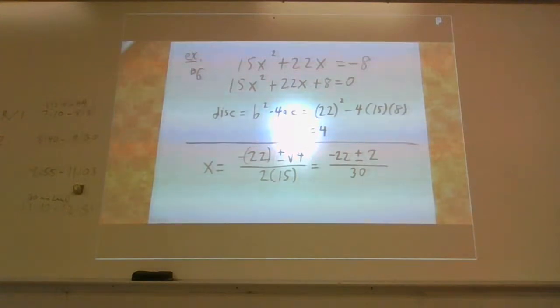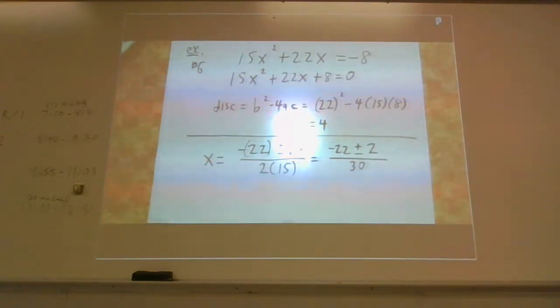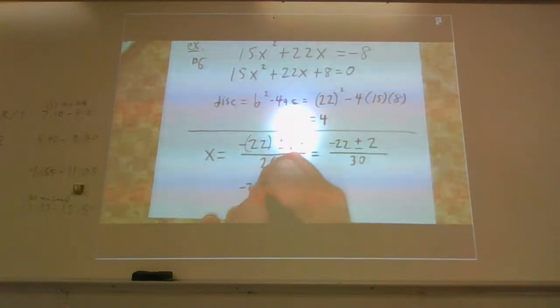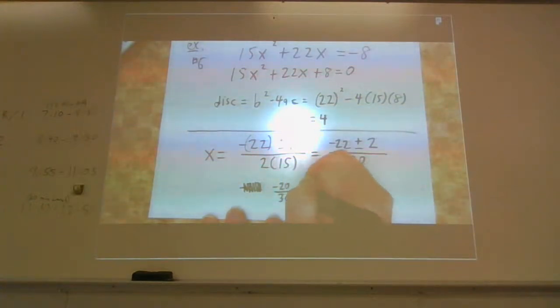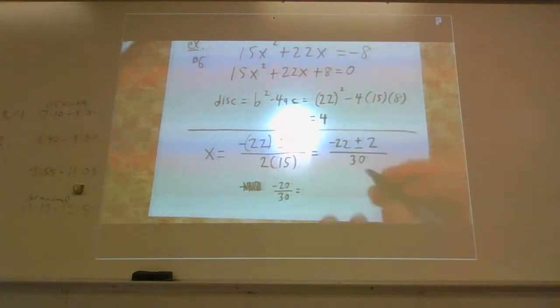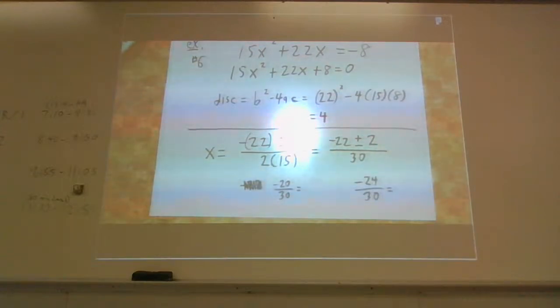Now I have to evaluate the plus or minus. Negative 22 plus 2 is negative 20 over 30. Just simplify in a moment. And negative 22 minus 2 is negative 24 over 30.